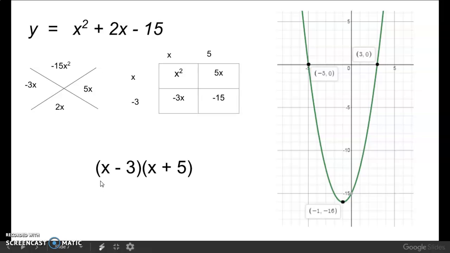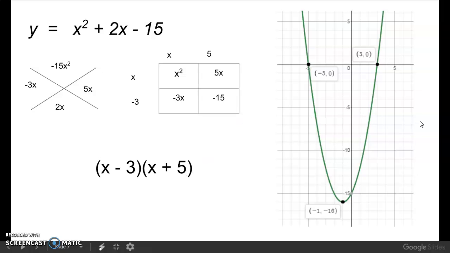When I factored it, I have (x - 3)(x + 5). Now let's look at the x-intercepts: it crosses at (-5, 0) and (3, 0). Note that in both, the y coordinate is 0, which makes sense because it's right on the x-axis. And interestingly, the x-values are the opposite of the numbers in the factors.